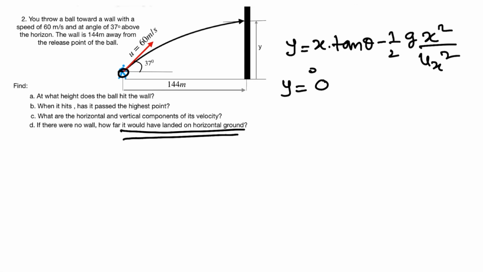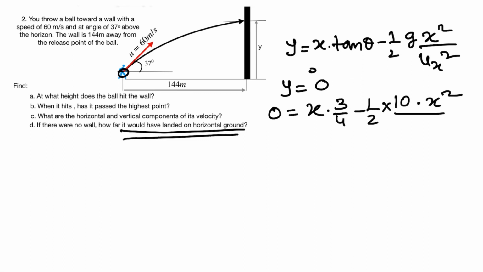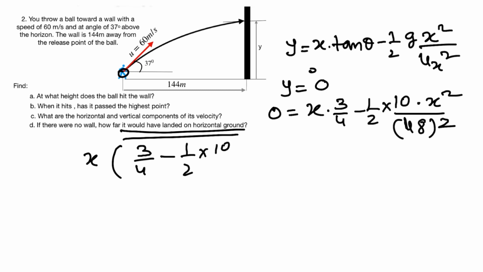So the equation becomes 0 equal to x tan theta, which we know is 3 by 4, minus half g, where the g value is 10, x square divided by ux square, which is 48 square. Here we can take x as common, so this will be x times 3 by 4 minus half multiplied by 10 divided by 48 into 48 x, equal to 0. So we get two values of x from this equation.